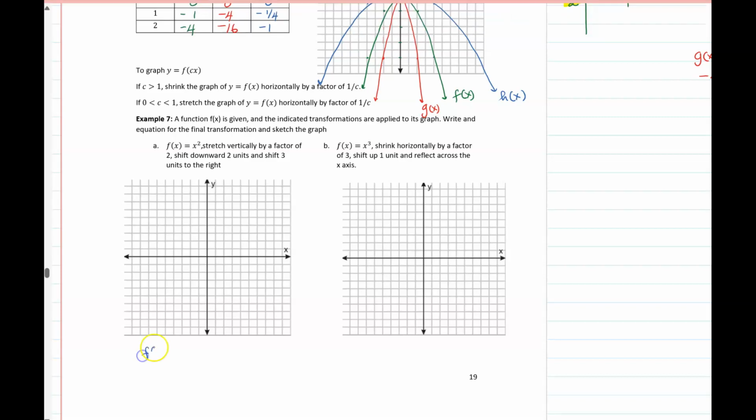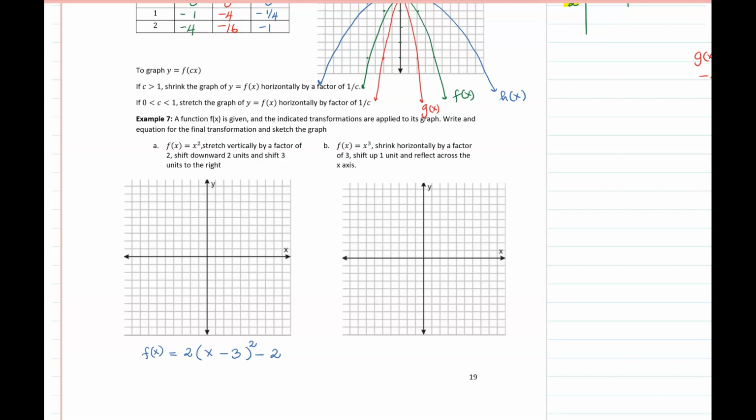So then f of x, we multiply 2 into the x squared. And then what next? Shift down 2 units, so we minus 2. And shift 3 units to the right, so x minus 3. And you can sketch the graph from there.